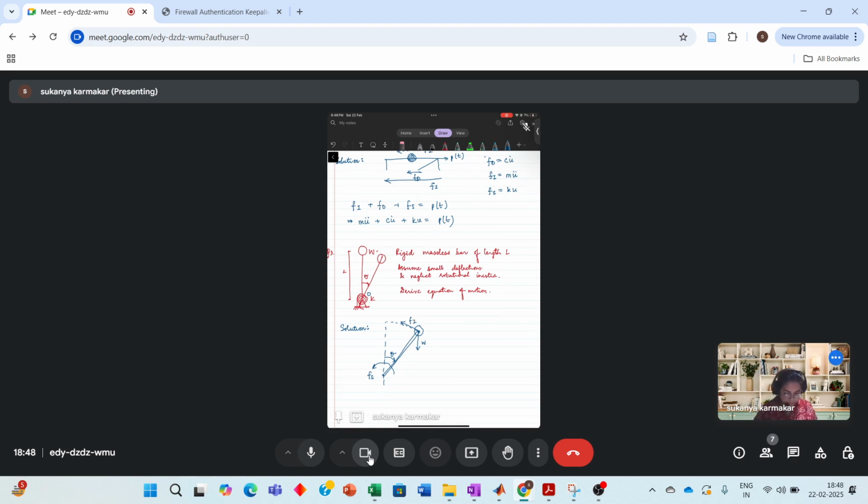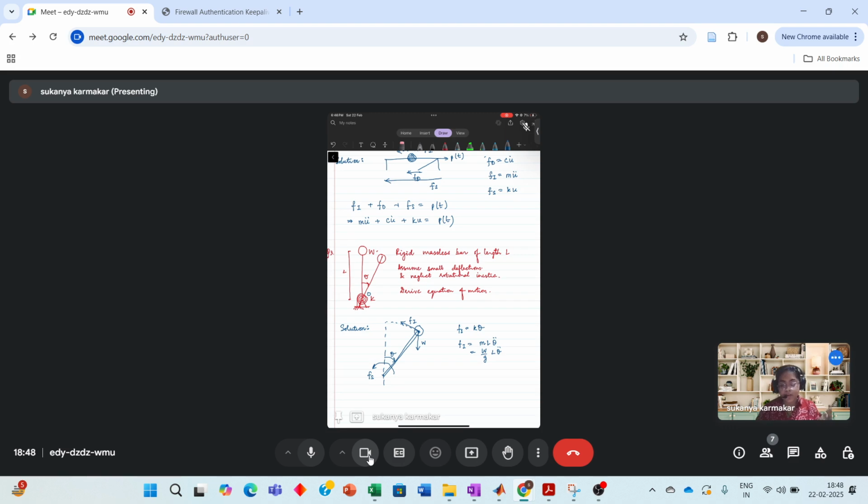Then what is this Fs? As we just discussed, it will be k into theta. And what will be this Fi? We just discussed it. It will be ml theta double dot. Since in this question you are dealing with the weight term, it is W by g L theta double dot.